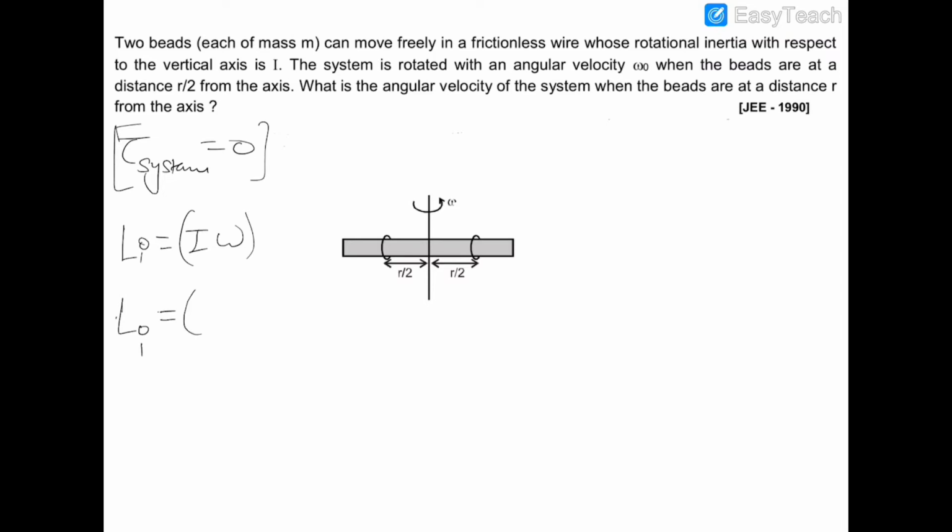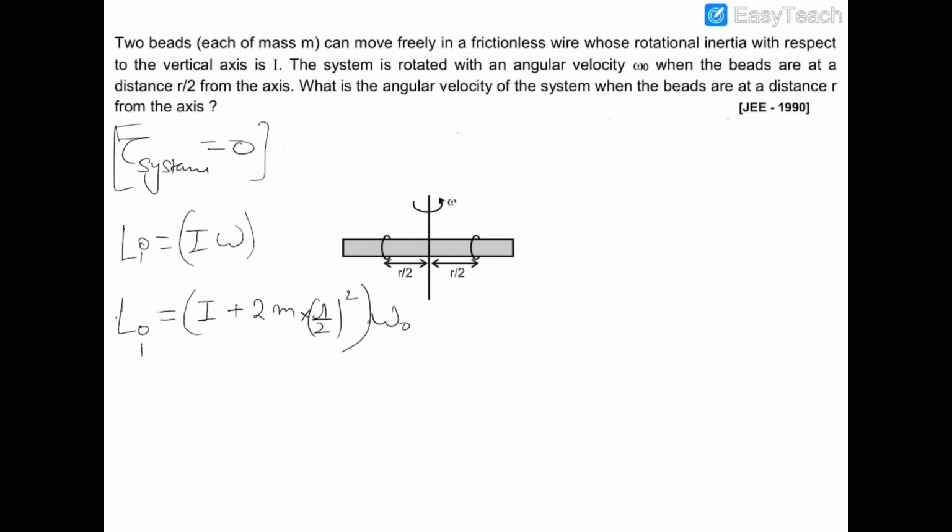This is the moment of inertia of the rod plus that of the rings. The rings are at a distance of r by 2 from this axis, so their moment of inertia is 2m into r by 2 whole square.